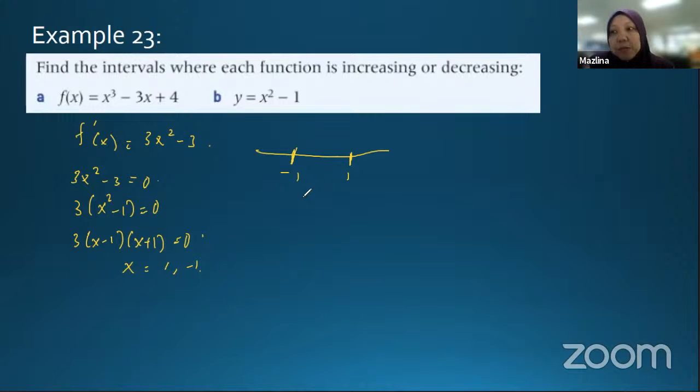But to make it easy, we just exclude this point from our interval, because we are looking for the interval where it is increasing or decreasing. We just focus on that, because that particular point is the turning point, whether it goes from increase to decrease or decrease to increase. So we exclude.